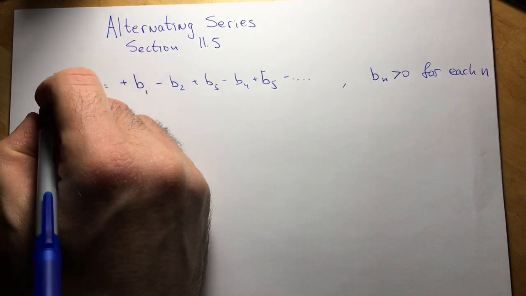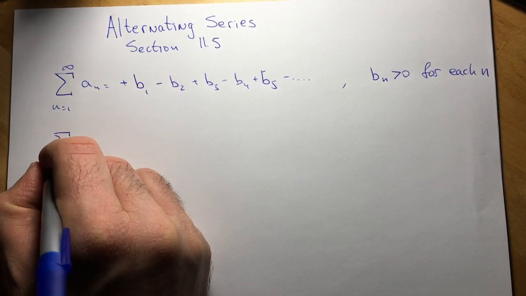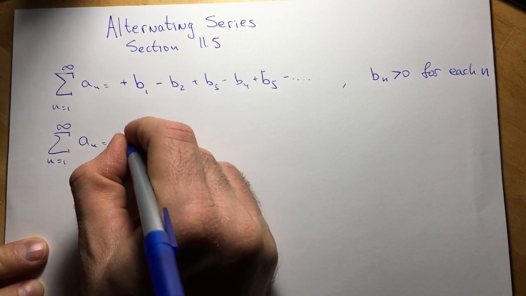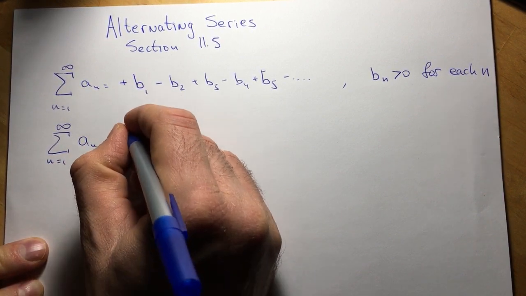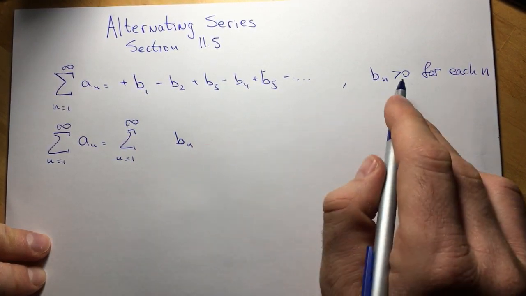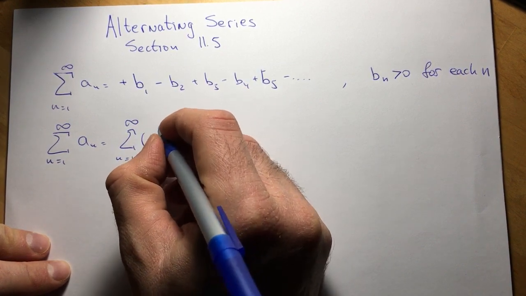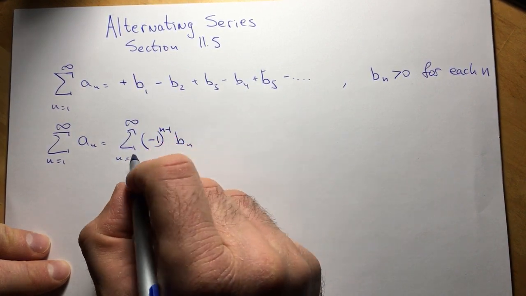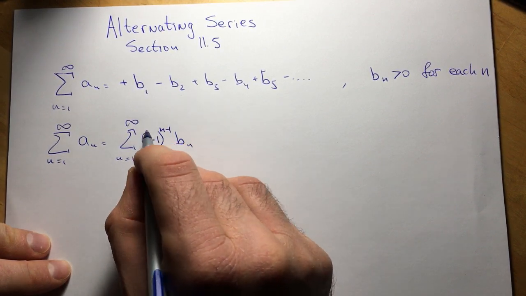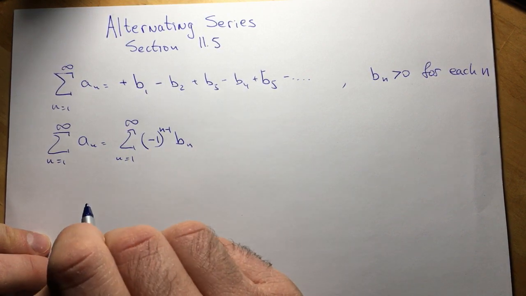Or this can be written as the sum of an, where an equals bn, and we said bn is going to be positive, times (-1) to the power n minus 1, and depending on n, this part here just alternates the sign in front of bn.